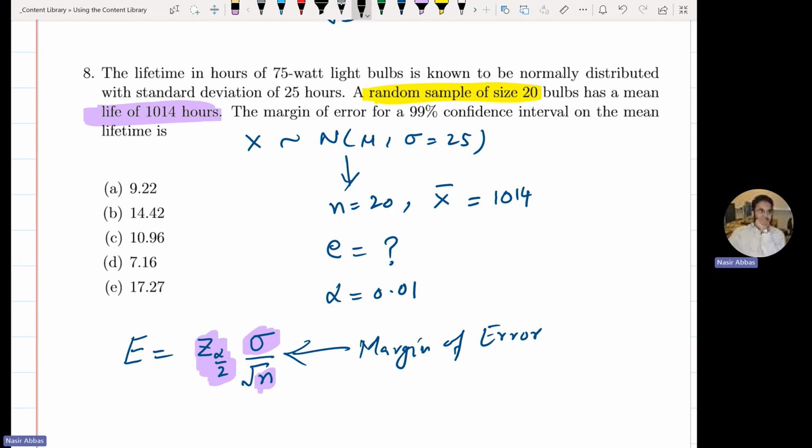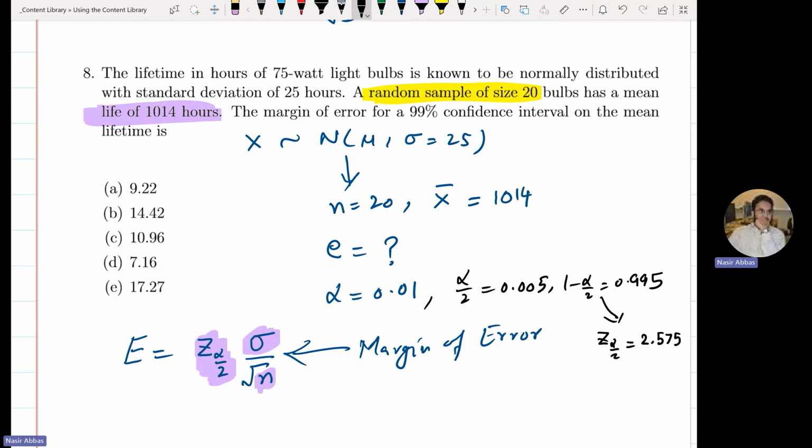Alpha is 0.01. Alpha by 2 will be 0.005. Let me do it. So z alpha by 2 will be 2.575.